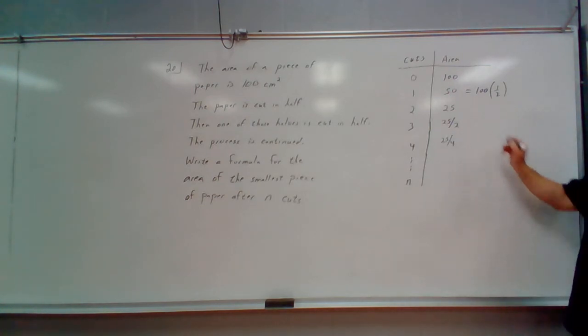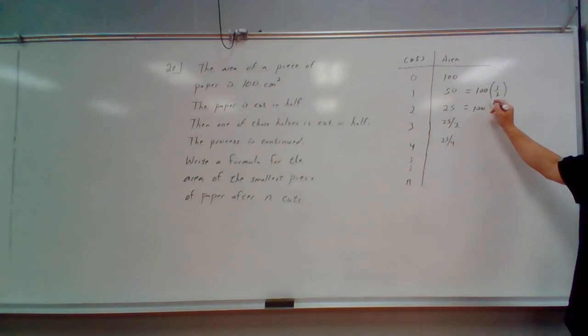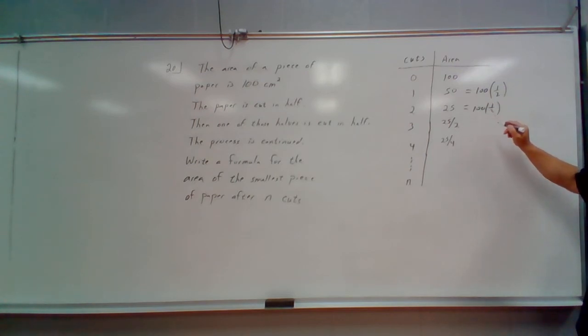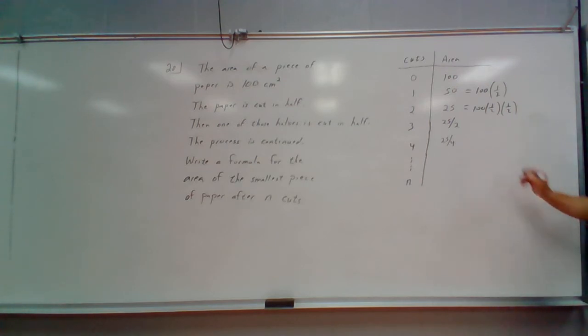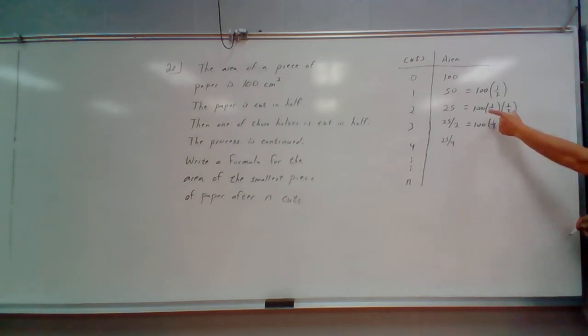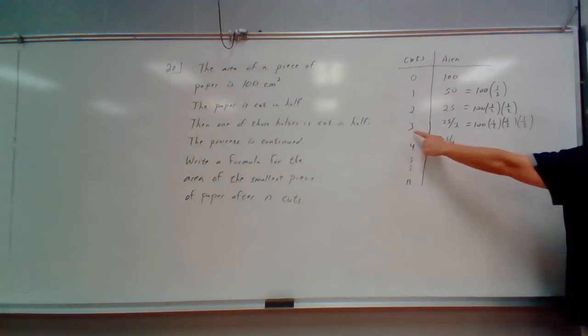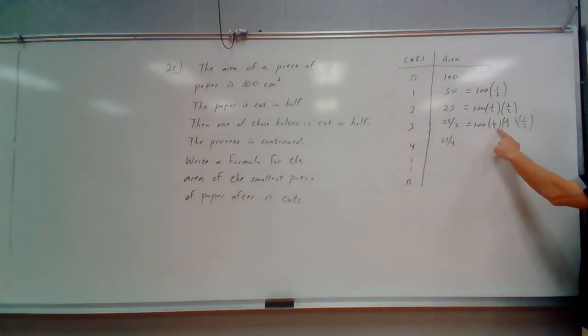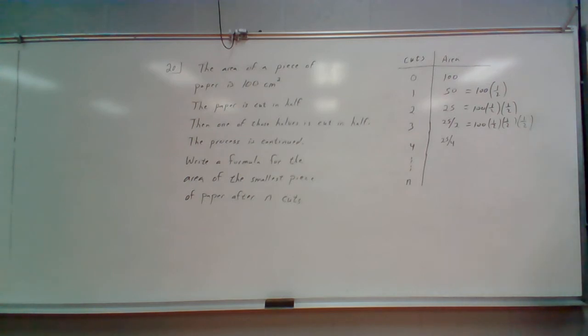Okay, and then we're taking 50, which is 100 times 1/2, and we're multiplying it by half again. And so on. We're doing 100 times 1/2 times 1/2. That size paper, the 25, and we're multiplying it by half again. All right. So on. So after the 3rd cut, we had 100 times 1, 2, 3 halves, which is 100 times 1/2 to the 3rd.